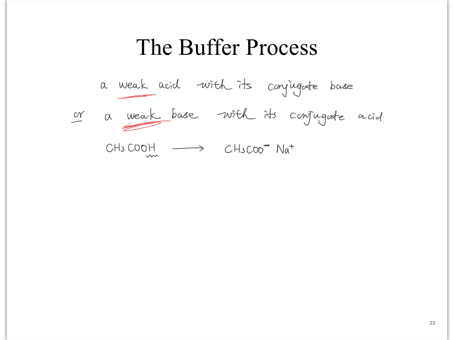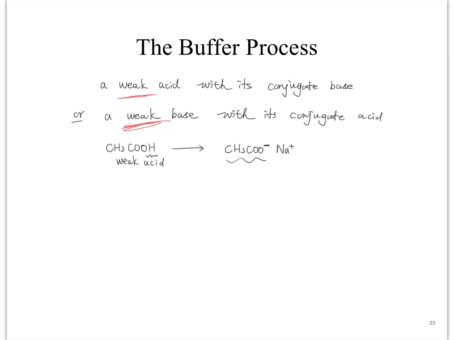So that is a pair of chemicals that can act as a buffer system. The weak acid right here is acetic acid, and this part is the conjugate base along with an ion to make it complete. So sometimes people say salt.